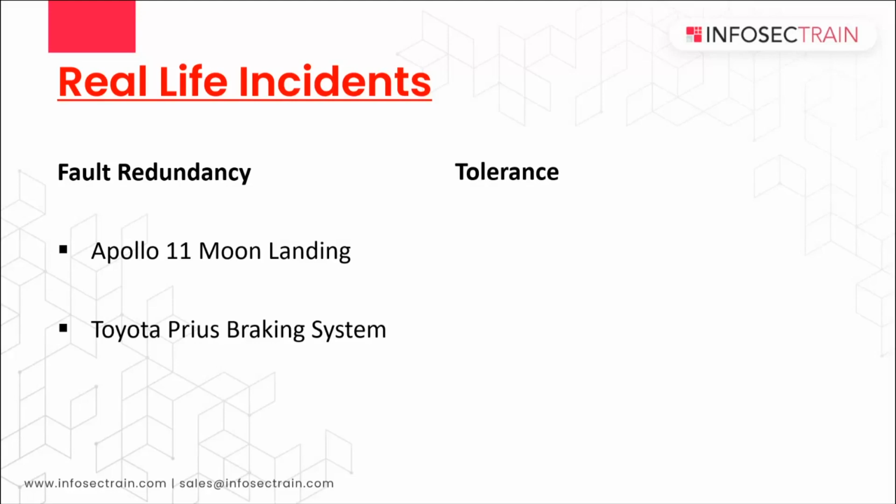The fault was caused by a software error that could cause the brakes to fail under certain conditions. However, the Prius was designed with a fault-tolerant system that allowed the driver to manually override the brake system and bring the vehicle to a stop in case of failure.